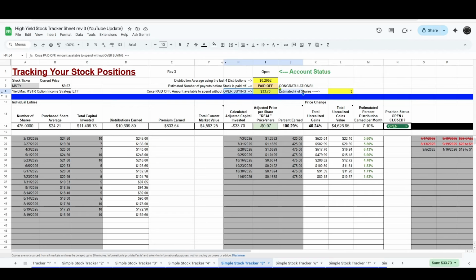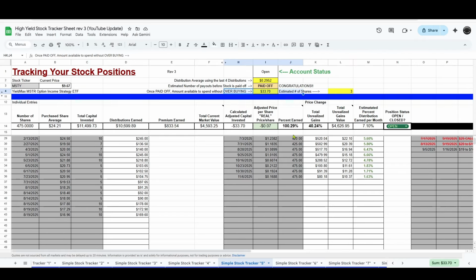Only your gains, if you want to be accurate about it, because if you are buying shares with the gains that you're getting from your distributions after it's paid off, then technically that is what you are risking. But you're not risking any of your personal money, only the gains that you have been receiving if you're reinvesting those gains.